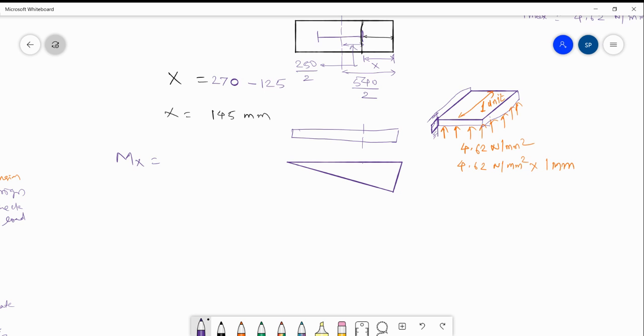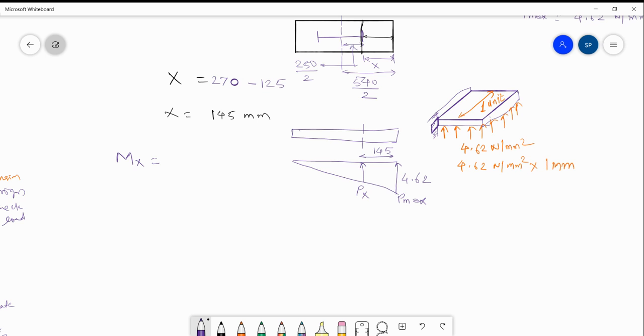So you will have to first calculate the pressure intensity at the critical section. Here it is 4.62. This distance is 145. So Px we will call it, this is P maximum. You will have to use the concept of similar triangles, and from that you will calculate first the pressure intensity at critical section.